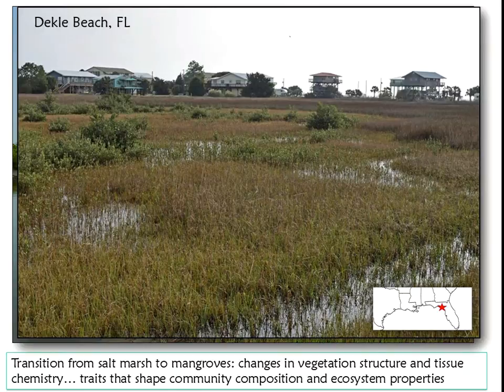This is just on the other side of Florida at Deckle Beach. Same latitudes, just a little bit askew, but nevertheless, the salt marshes there are being invaded by mangroves. And this is a salt marsh at Deckle Beach with these little mangroves coming in. There's just hundreds of little baby mangroves coming in here.